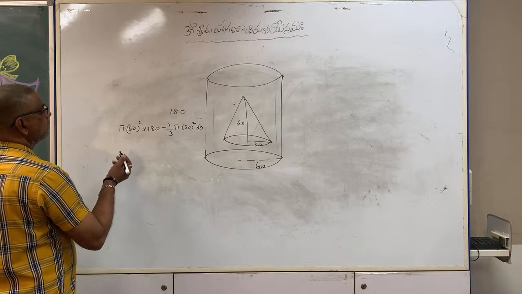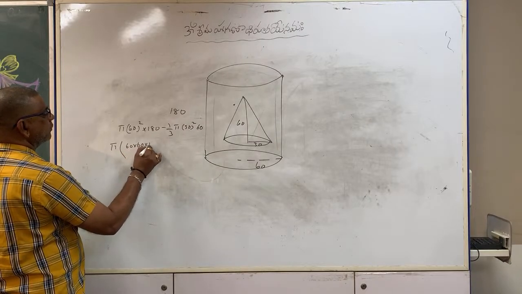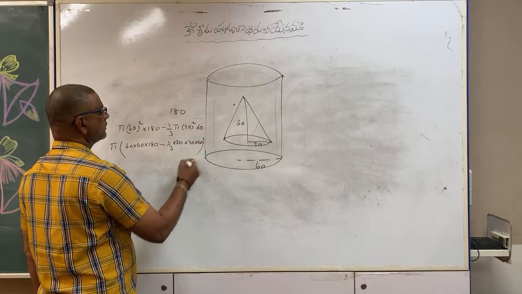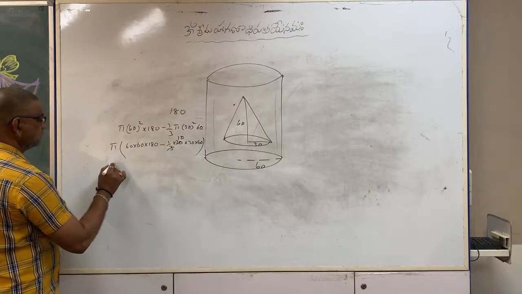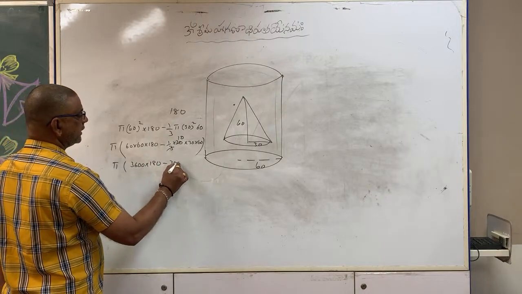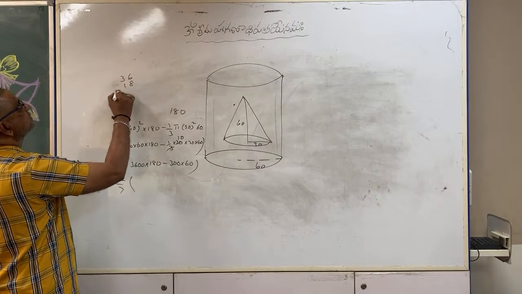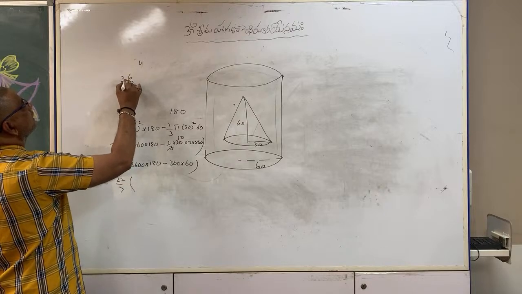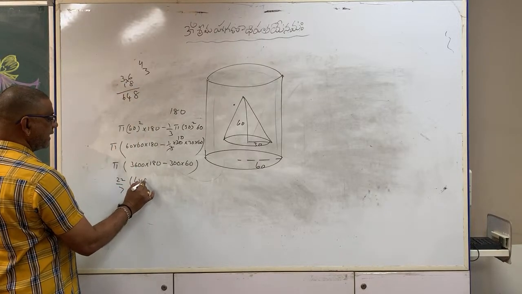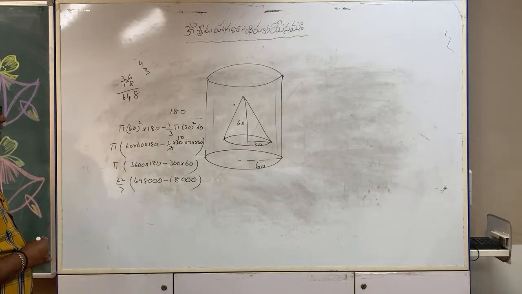We can take pi as common. 60 into 60 into 180 minus 1/3 into 30 into 30 into 60. 10 times, so pi into 3600 into 180 minus 300 into 60, 22/7 into 648 000 minus 18 000.